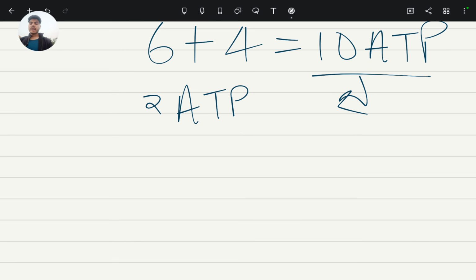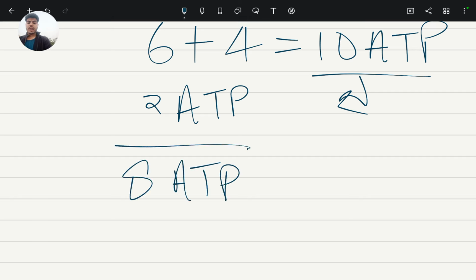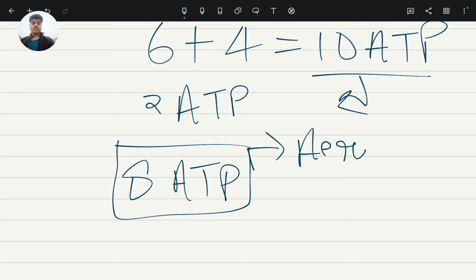So the net gain through this whole process is 8 ATP. But this 8 ATP is only gained when aerobic respiration takes place.